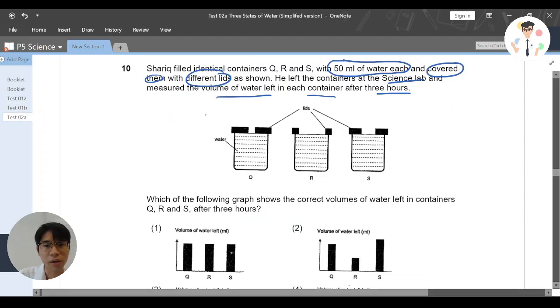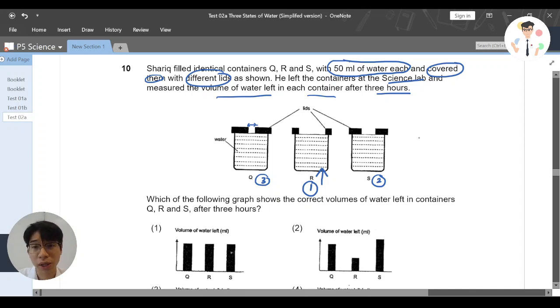This one has the greatest exposed surface area, so the rate of evaporation will be highest. This one will be the first. Then this one will be second because it has a slightly smaller gap. But this one will be the third, the last, because it has the smallest, so evaporation can't take place that well because it's too small here.